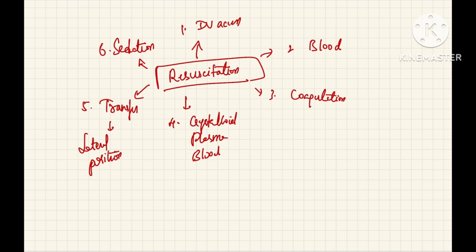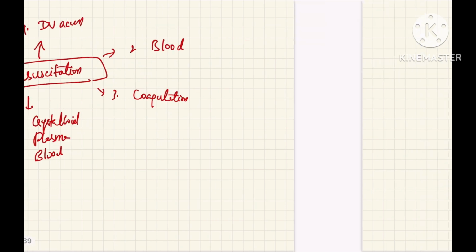Now that we have shifted the patient to the OT, let's see how do we induce the patient. In induction, the patient is turned supine. We pre-oxygenate the patient. In pre-oxygenation, vital capacity breaths are avoided in patients with blood or secretions in the mouth.